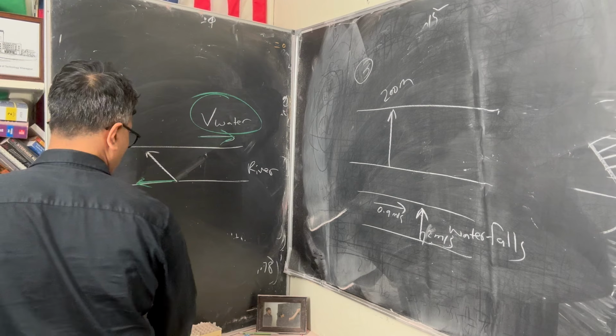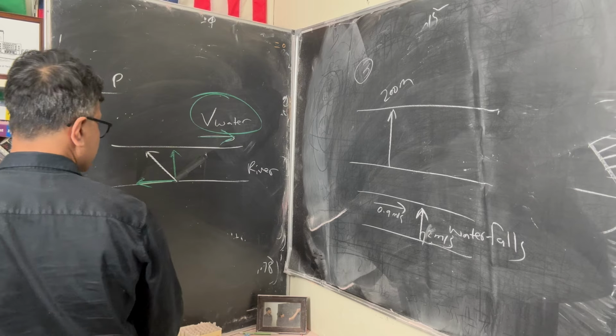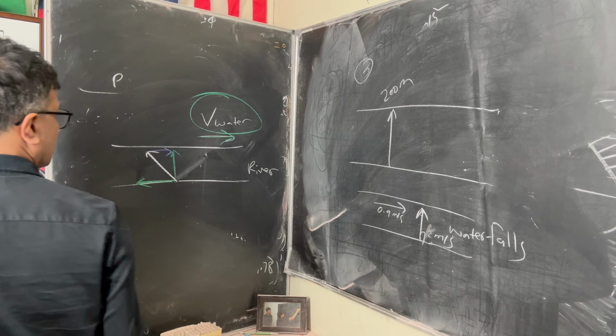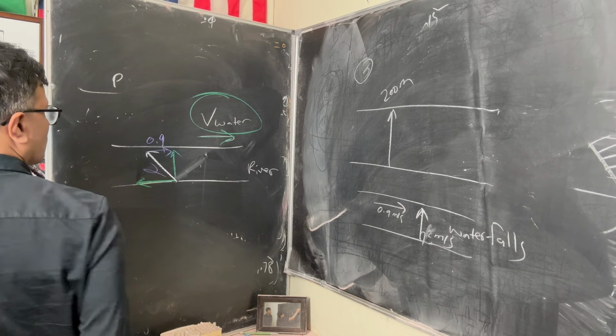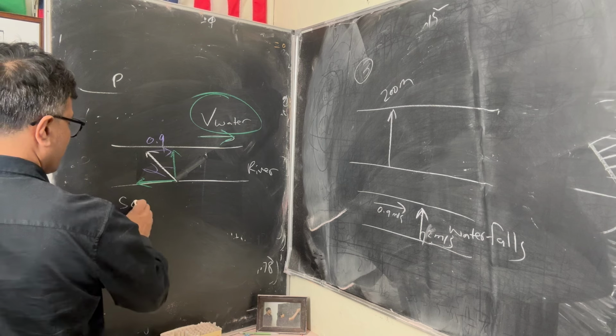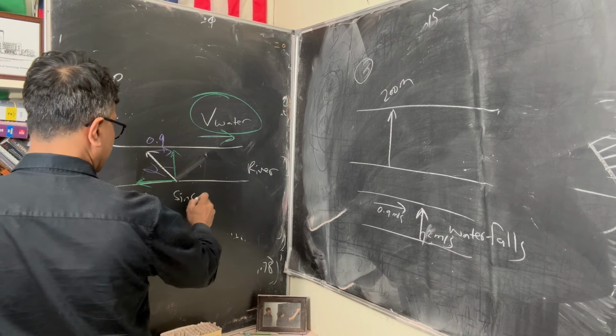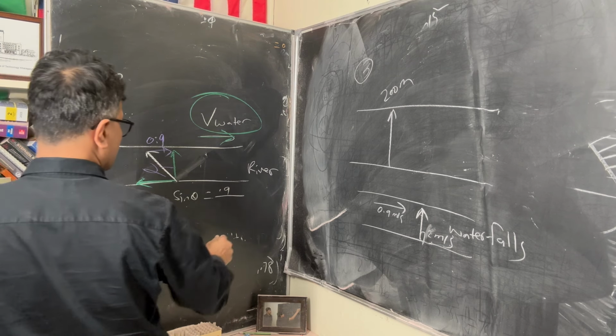I'm going to put the Vy component over here. And this is the water. So if this is 2, the water is 0.9, you use SOHCAHTOA to find this one. So sine theta is opposite 0.9 over hypotenuse 2.